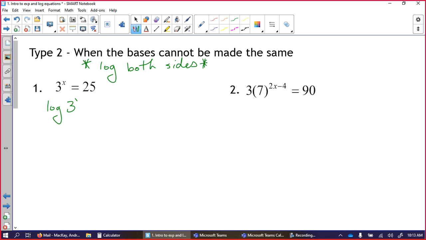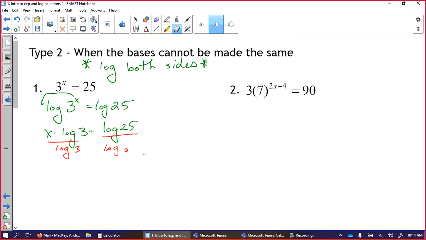Log of 3 to the x, log of 25. Using my power rule, I move that down in front. X times log of 3 equals log of 25. Awesome. Now I know that's a number, that's a number. Divide by log 3, those equal 1.